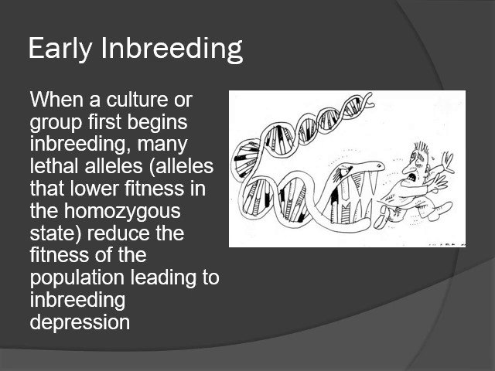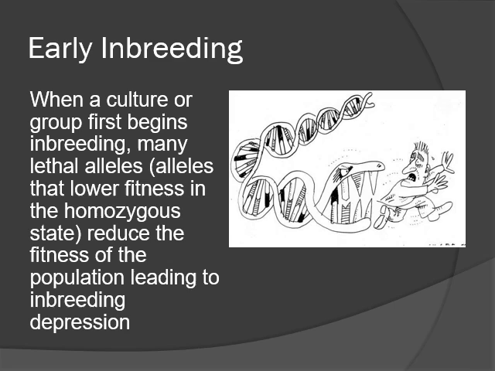So if they don't have the lethal alleles, and then those 2 puppies mate with each other, what's going to happen? There's not going to be a problem because there are no lethal alleles. Within 3 generations, you can go from a normal society to an inbreeding society and get rid of the lethal alleles. That's how human society was able to last so long with inbreeding, because we didn't have those lethal alleles.